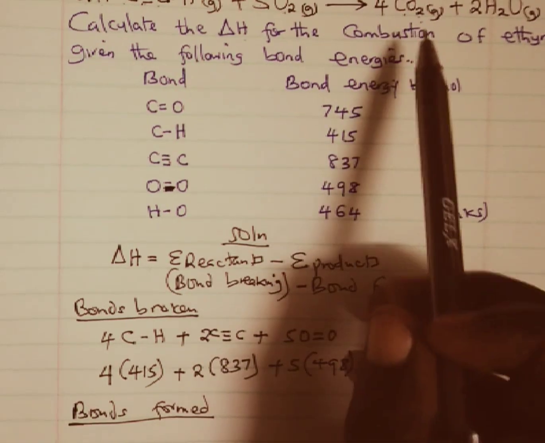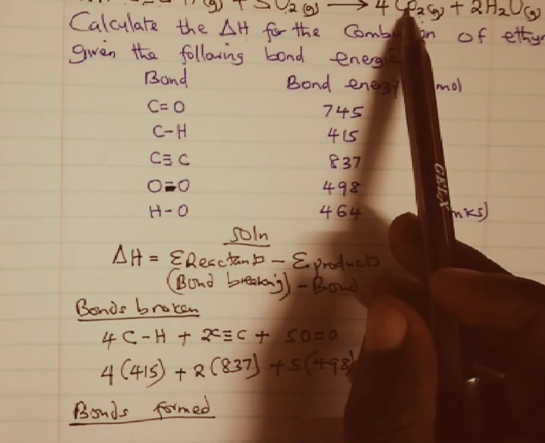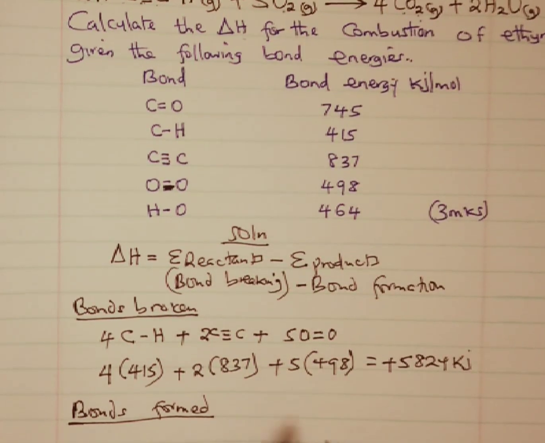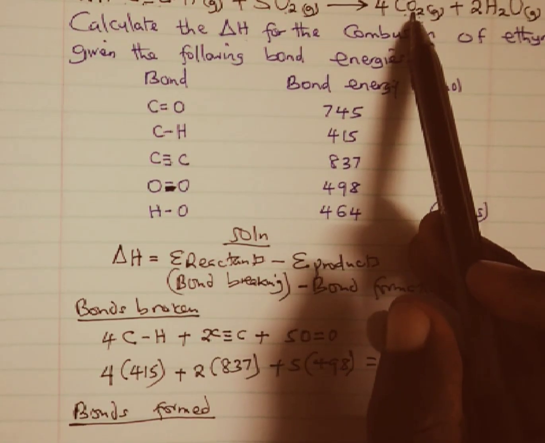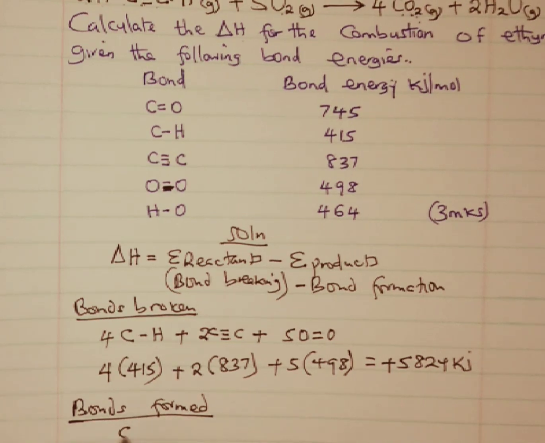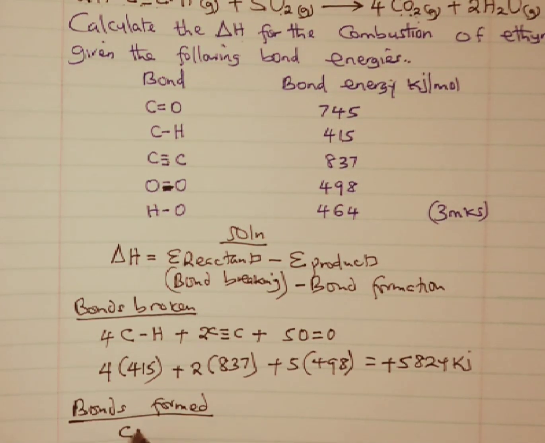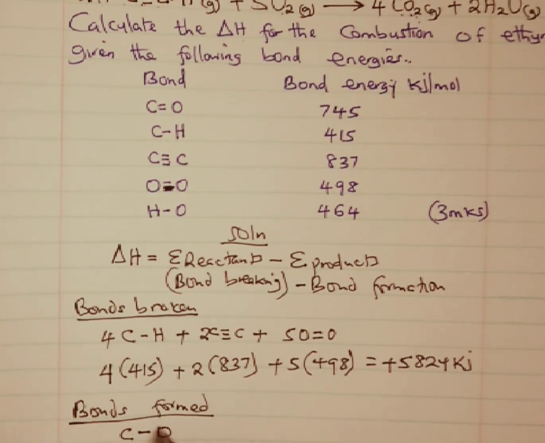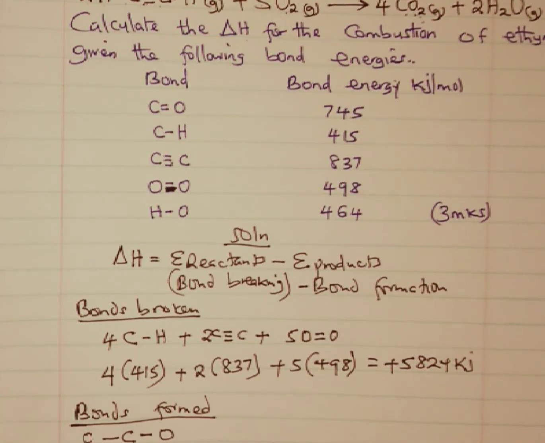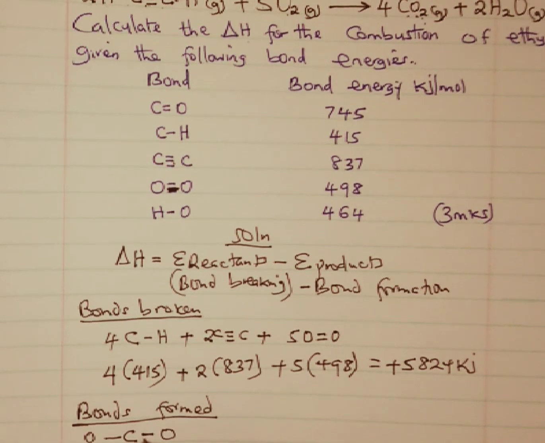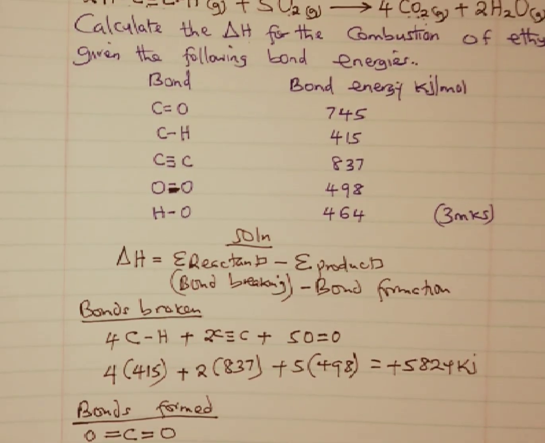Then we talk about bonds formed, and in this case the bonds formed are going to be on the side of the products. We are going to have 4 moles of carbon dioxide, and if we represent this, we have C, then of course we have oxygen on one end and another oxygen on the other end. This is a double bond, of course.